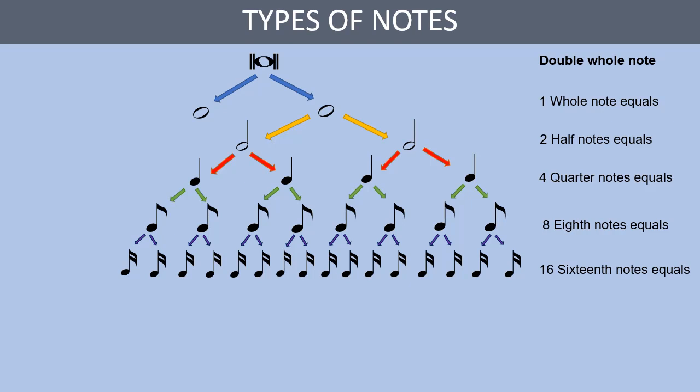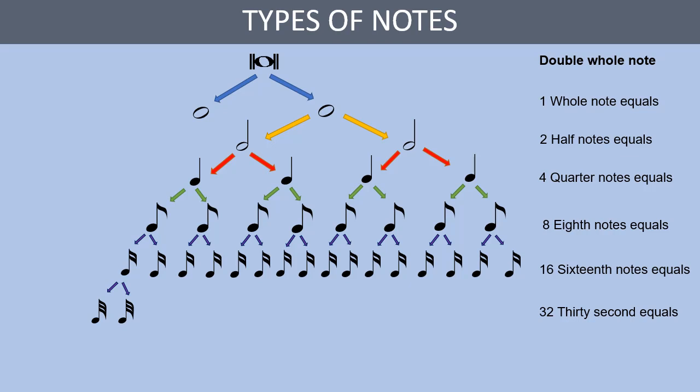Now in the same vein, we can still split the 16th note, which is the semi-quaver, to give us 2 other notes, which are referred to as the demi-semi-quaver. So when we split 1 16th note, we are going to have 2 32nd notes. Because we are making reference to the whole note, 16 semi-quavers will give us 32 demi-semi-quavers, which make 1 whole note.